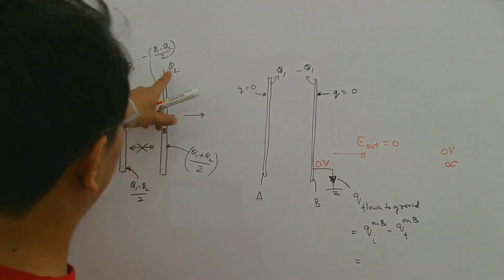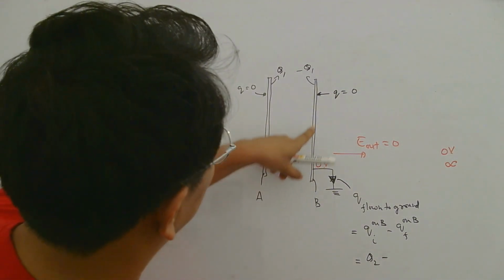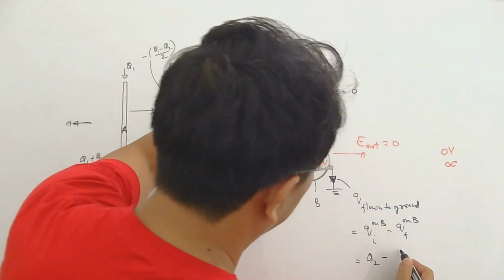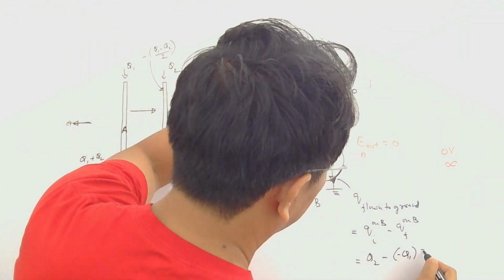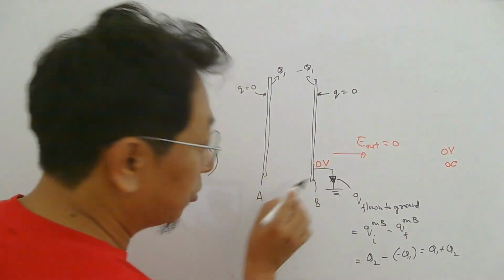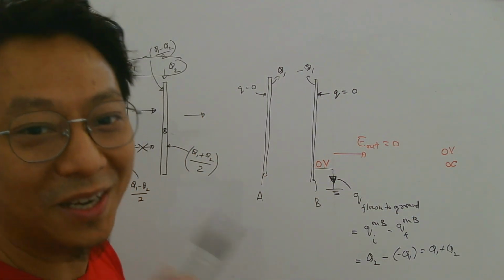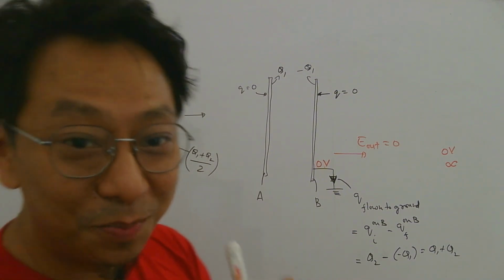Initially the charge on B was Q2. What is the final charge on B? This side is 0, this side is minus Q1. So this will be Q1 plus Q2. So how much charge flows to ground? The total charge that was given to the plates. That is what I was trying to prove, isn't it?